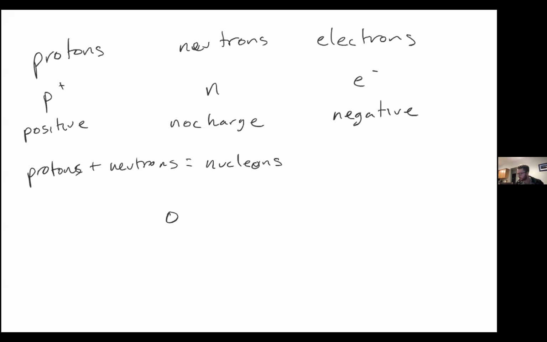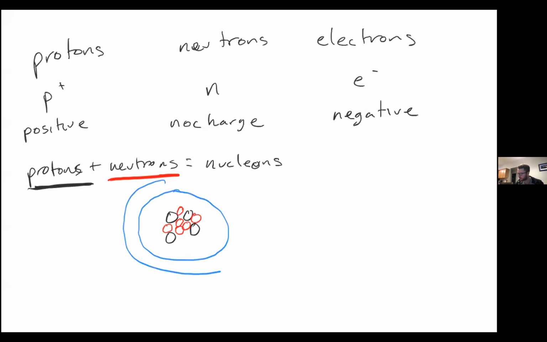So let's do this. Protons and neutrons will make up the inside of the atom, and then we will have electrons on the outside of our atom.